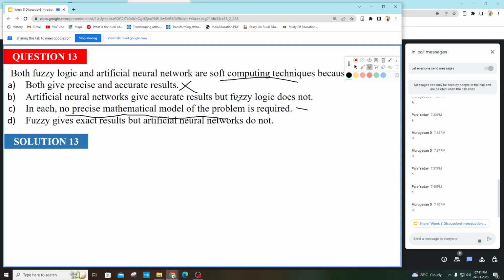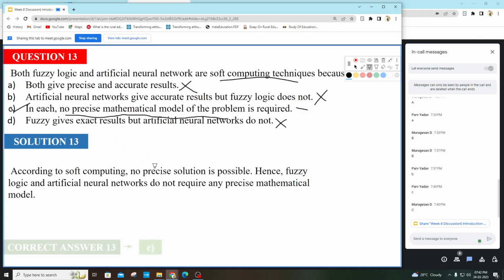Artificial neural network gives accurate result but fuzzy logic does not. This is also not correct. This is correct, I have already told you. And fuzzy gives exact result, artificial neural network does not. This also we cannot say. So option C is your correct answer.